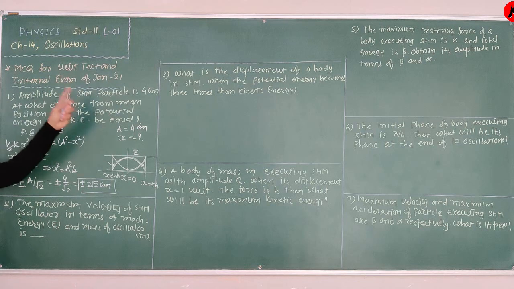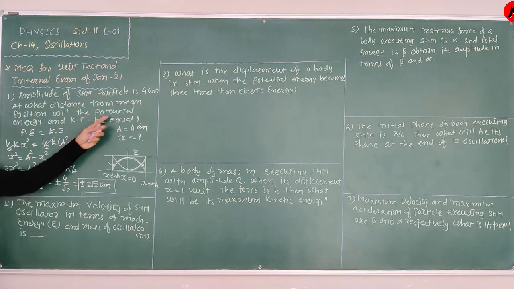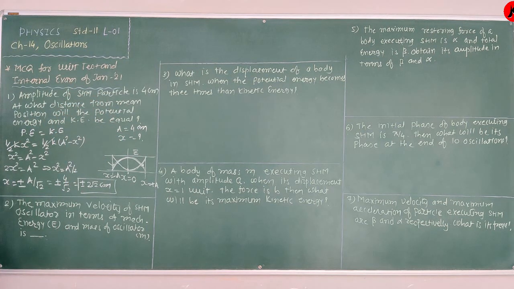So here, the amplitude of the simple harmonic motion is given as 4 centimeter. We have to find the position at which the kinetic energy and potential energy become equal. So we compare the equations of kinetic energy and potential energy. Potential energy is half kx squared. Kinetic energy is half k into bracket A square minus x squared. Half k cancels. Therefore x square is equal to A square minus x squared.